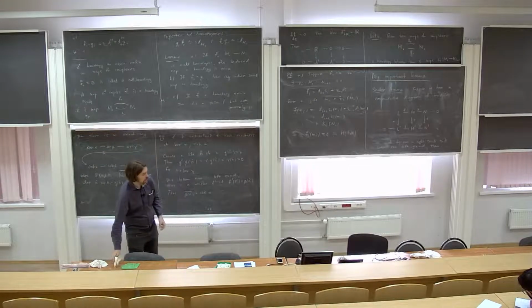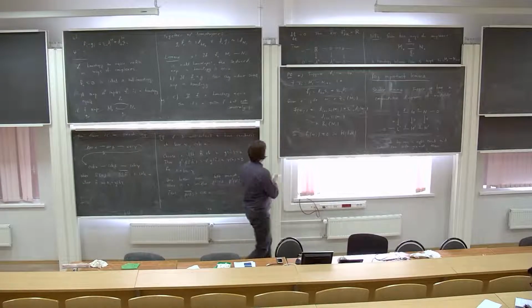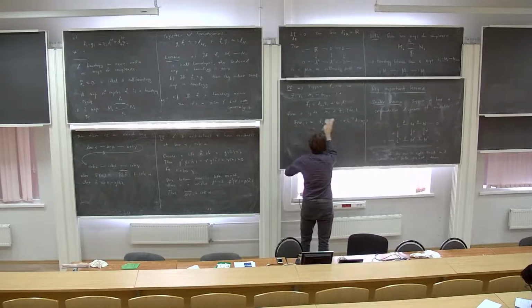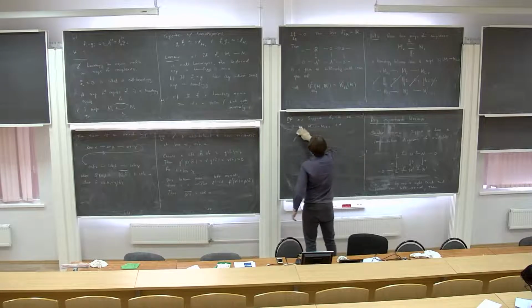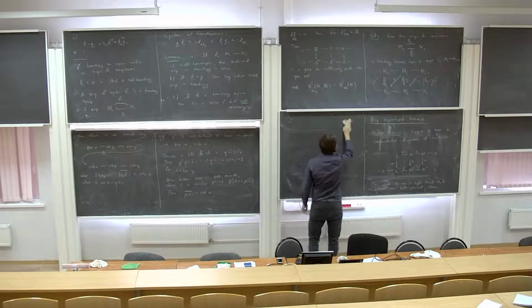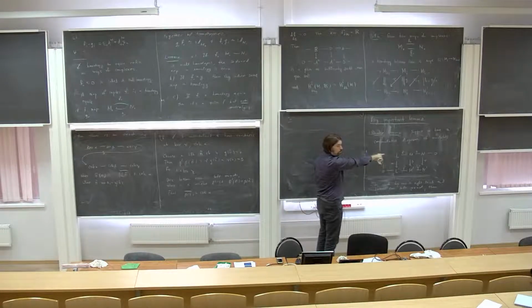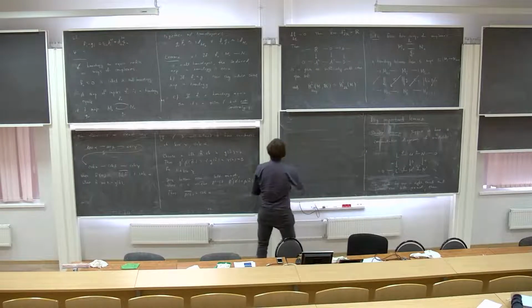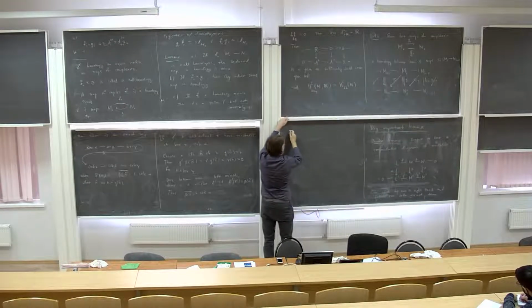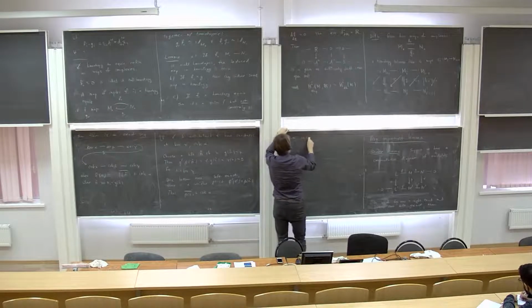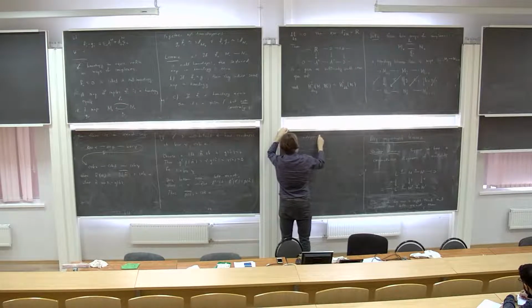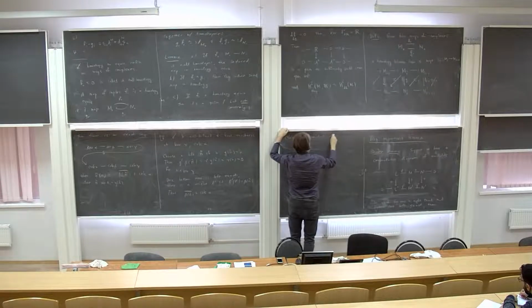And so I should check that this doesn't depend on the choice of lift. But how many lifts are there? Well, any two lifts differ by something in the kernel of the map g. So we claim this is independent of the choice of lift.